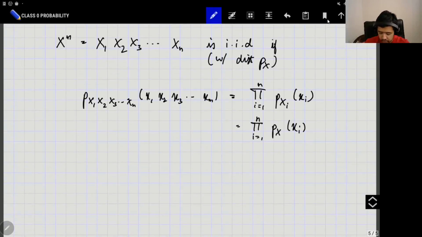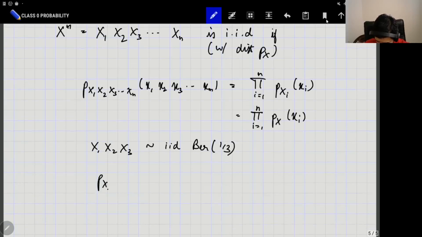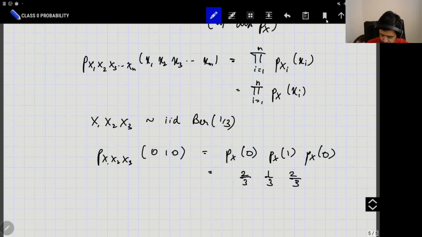So for example, if we have two IID random bits, or three, so let's say that X1, X2, X3 is IID Bernoulli 1/3, then PX1,X2,X3 of, let's say, 0, 1, 0 is equal to PX of 0, PX of 1 times PX of 0, which is 2/3 times 1/3 times 2/3. Okay, so all of this is straightforward.